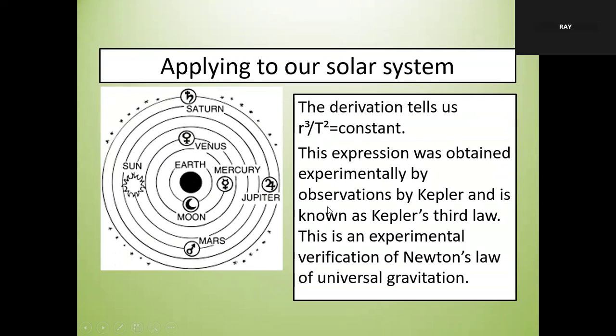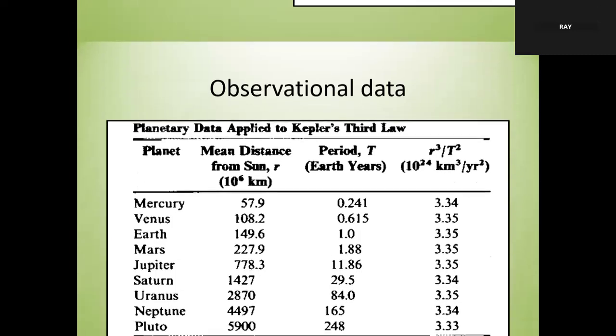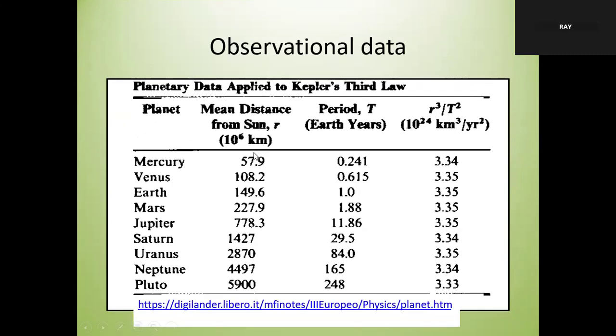Kepler showed earlier that r cubed over T squared is a constant, and it's called Kepler's third law. So Newton's universal law of gravitation verifies Kepler's observation. This one is just for your info only. You can see that r cubed over T squared is roughly constant, differing by 0.01.